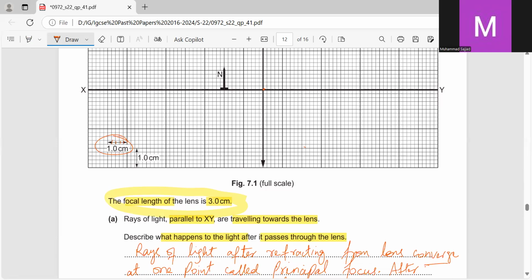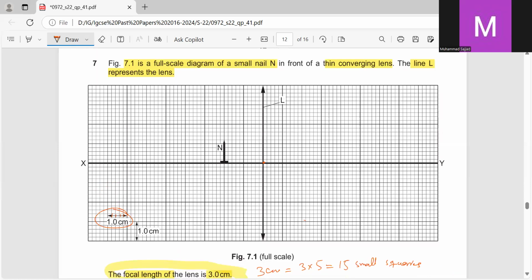So 3 centimeter will be equal to 3 times 5 small squares. So 15 small squares. And here especially, I cannot use the ruler because I have zoomed it in. Now, 1, 2, 3, 4, 5, 6, 7, 8, 9, 10, 11, 12, 13, 14, 15.